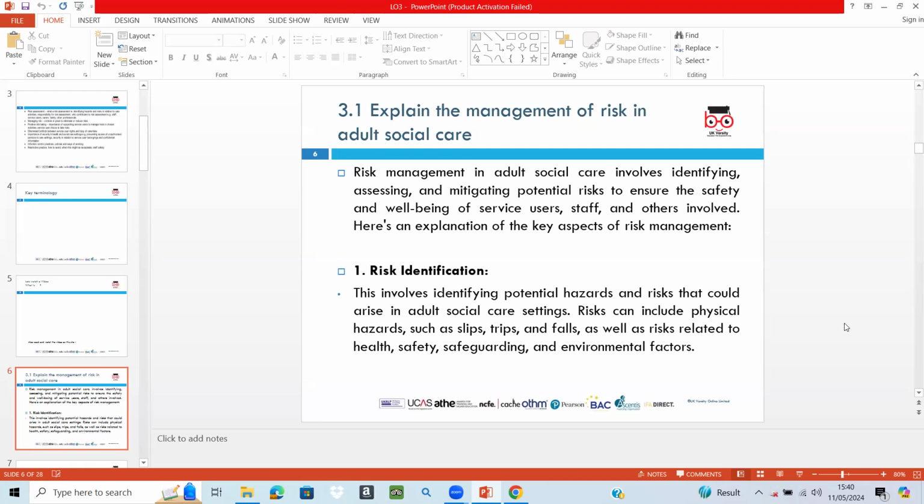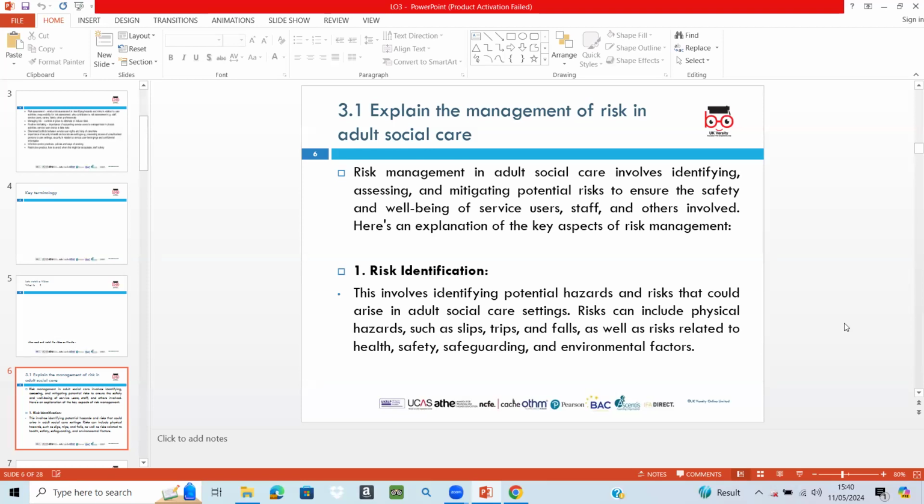These risks can encompass a variety of areas, which include physical hazards. In physical hazards, what we need to do is identify risks such as slippery floors, poor lighting, poorly maintained equipment, or obstacles that could lead to slips, trips, or falls among service users or staff.